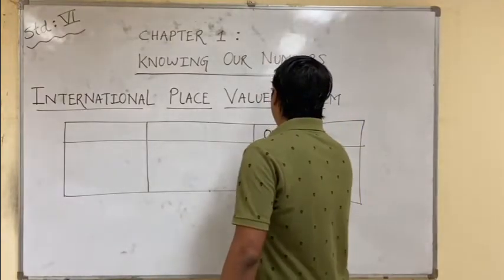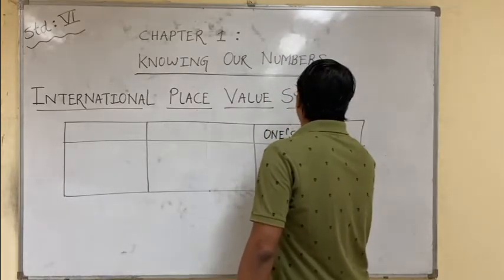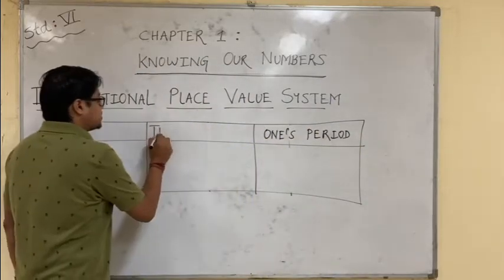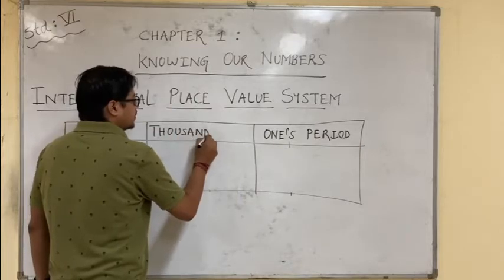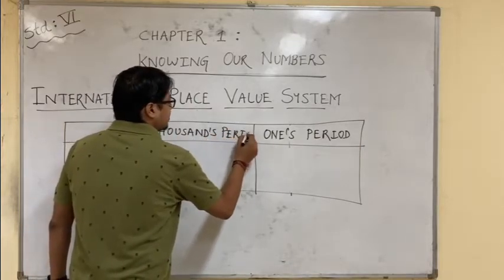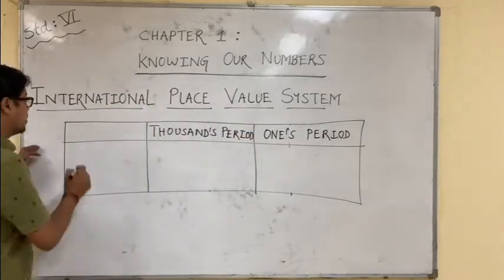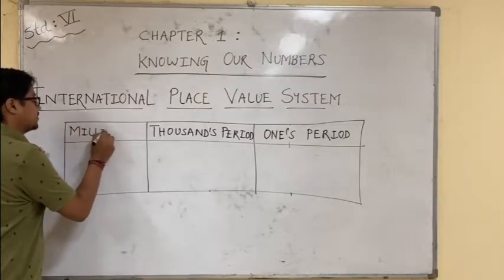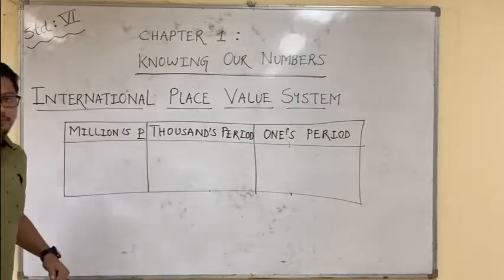One is ones period, then thousands period, and students, there is no concept of lakhs period or crores period. The third one will be millions period.